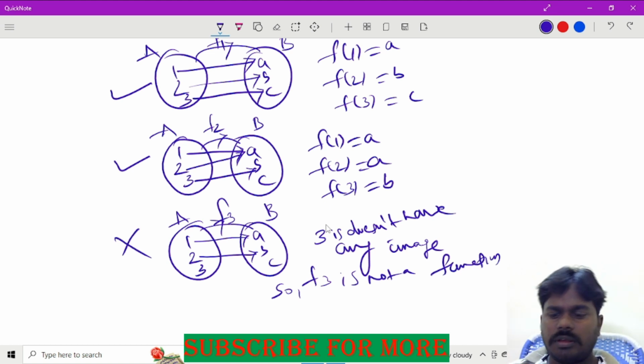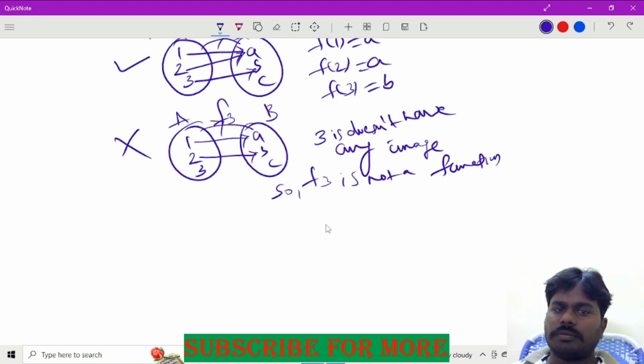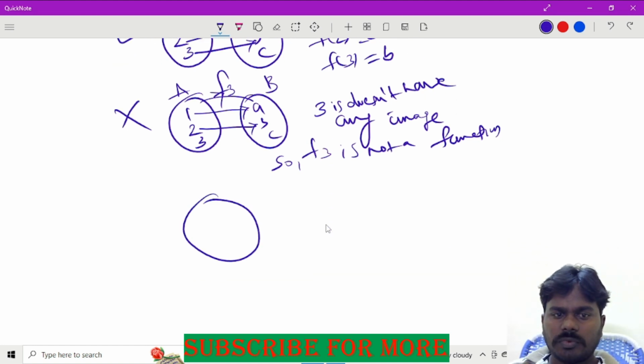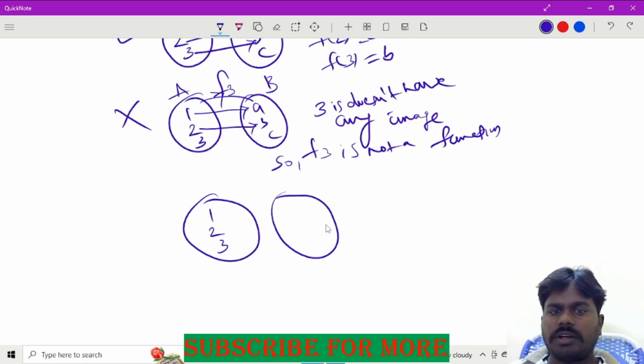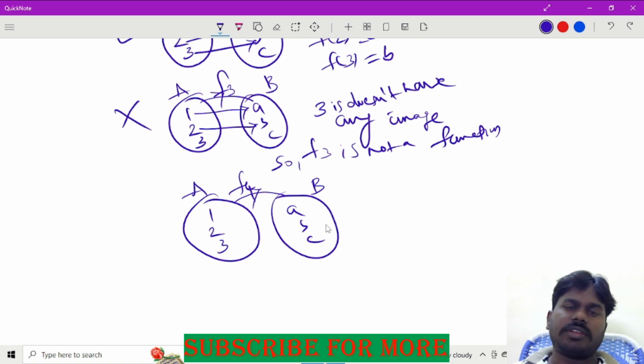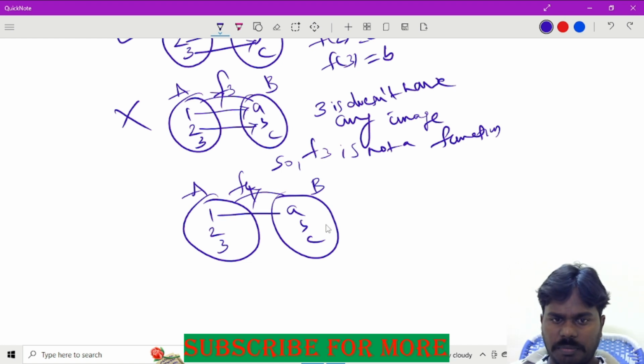Okay. Now we'll see one more. So here again I am taking the same 1, 2, 3 and a, b, c. And the first set is A and the second is B, and one more relation I am mapping. Here I am mapping 1 with a, 2 with a, 3 also with a.